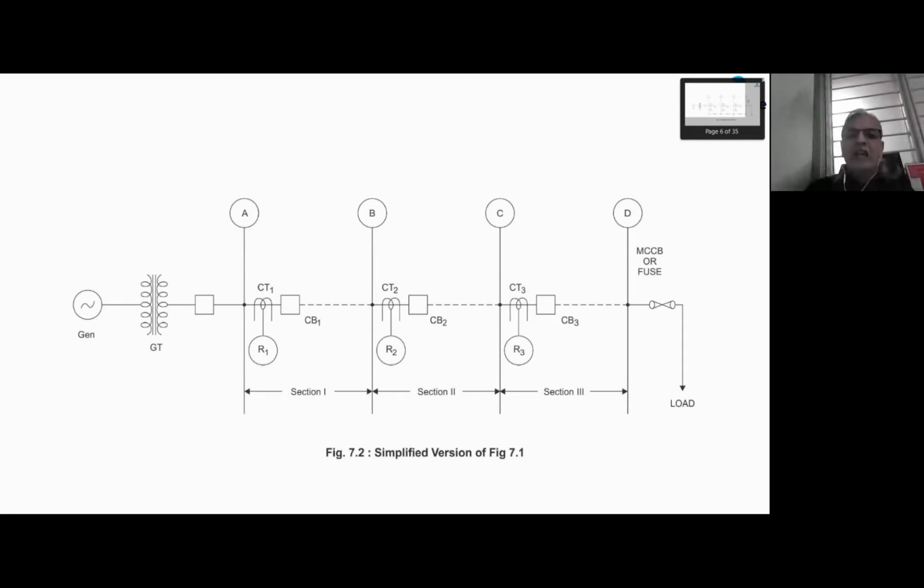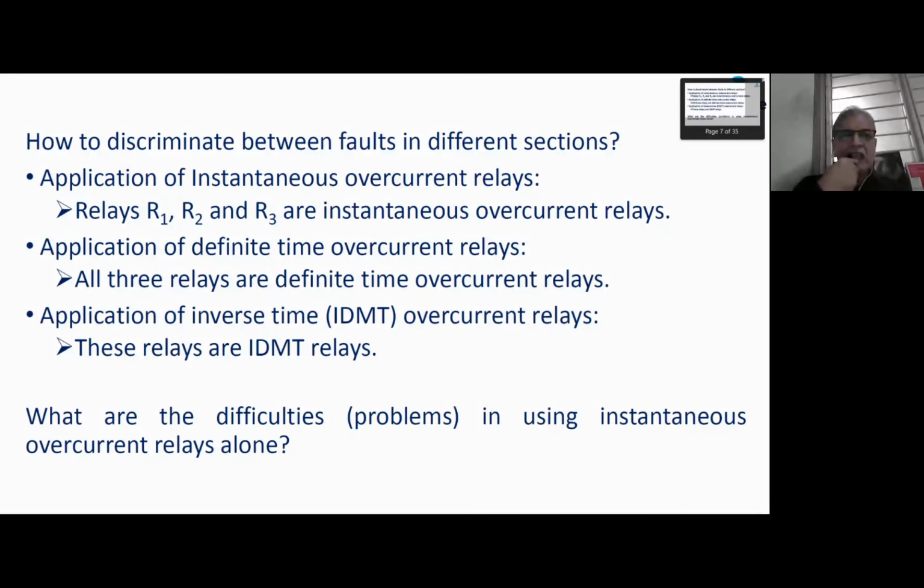If the fault is at A, the current will be highest. If the fault is at bus B, the current will be lower. If the fault is at bus C, the current would be yet lower. So I use the current as a discriminating quantity. I use current to discriminate between fault location.